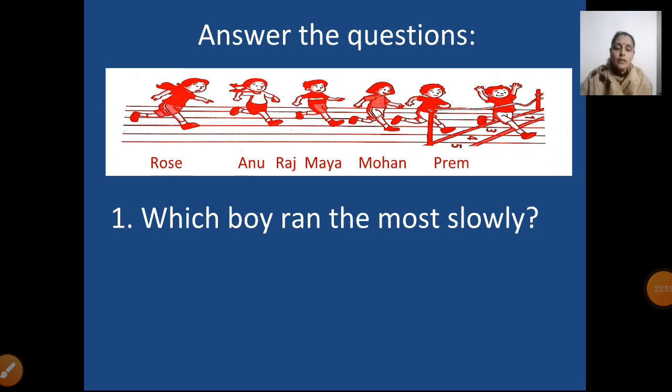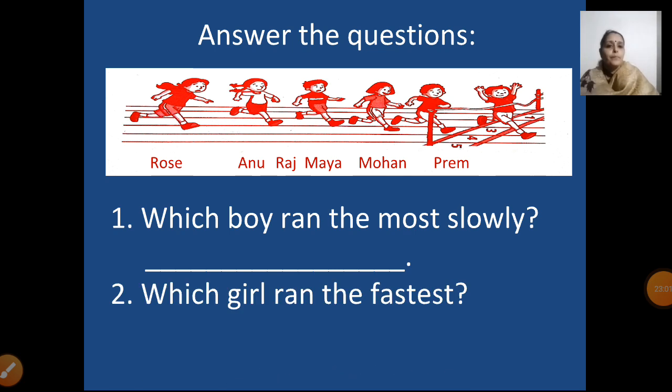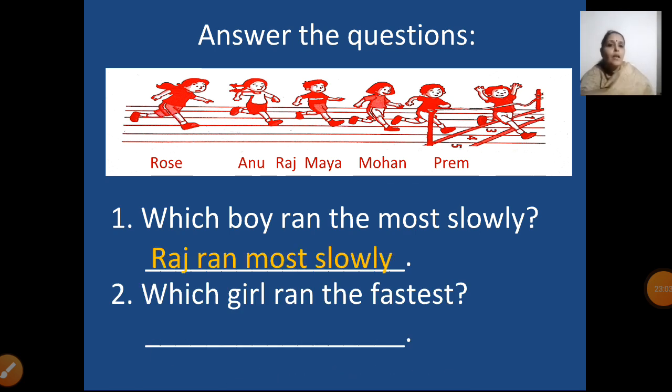Even she is a girl. Before Anu, who is there? Raj. So, Raj is a boy. Yes. So, the answer should be: Raj ran most slowly.